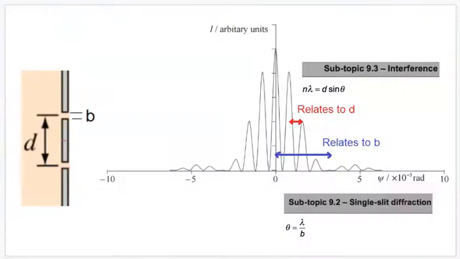And why is that? That's because the ratio of D to B here will have the same ratio as this B to D ratio here.